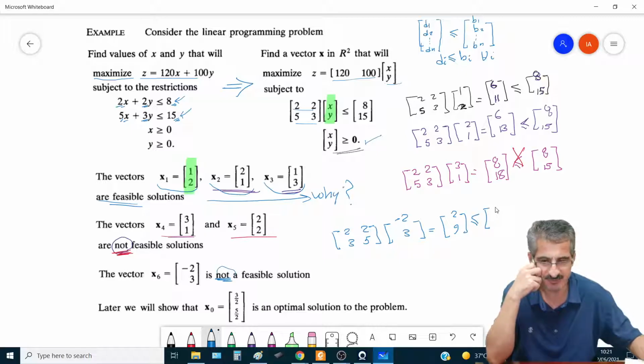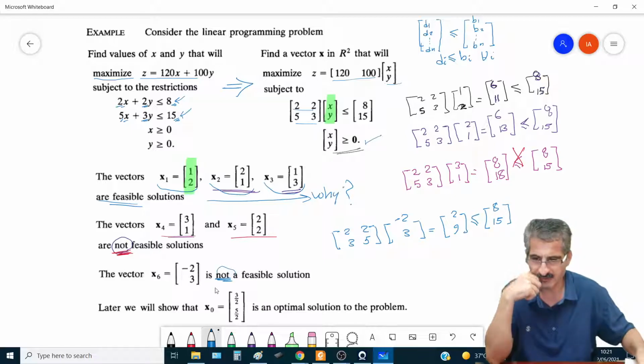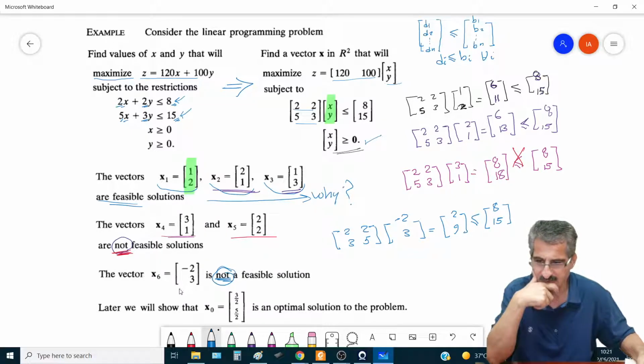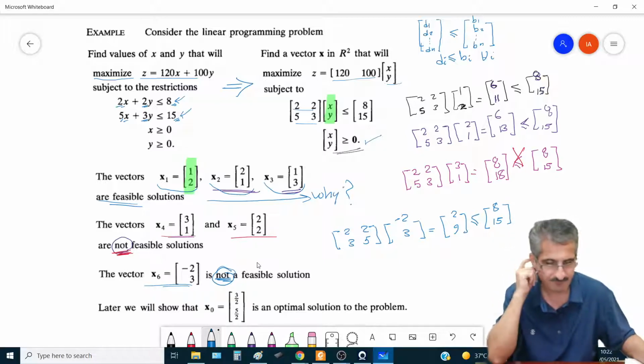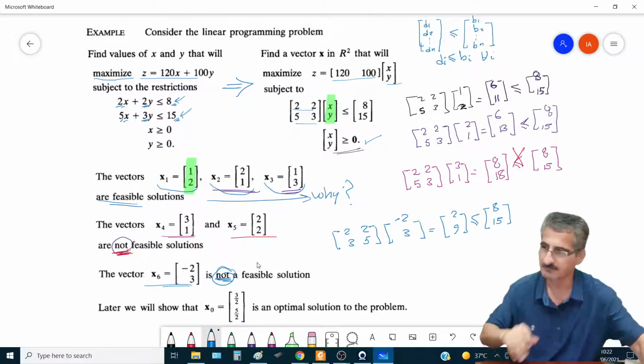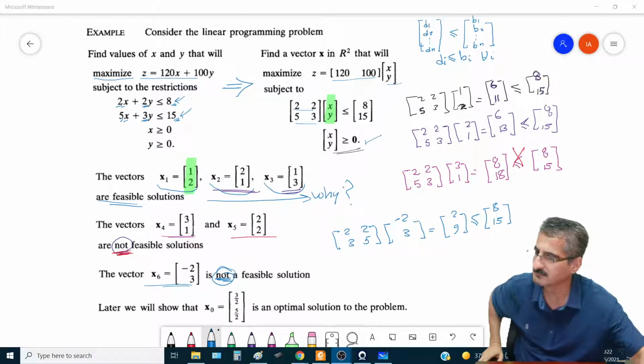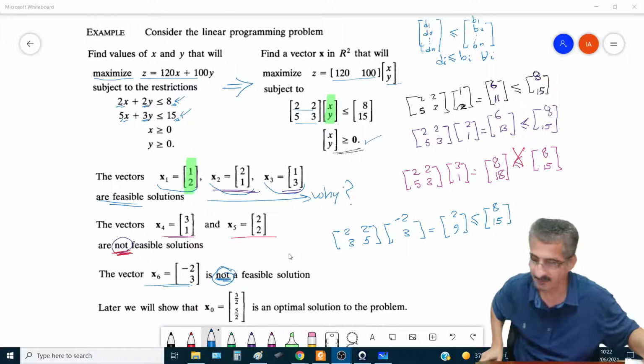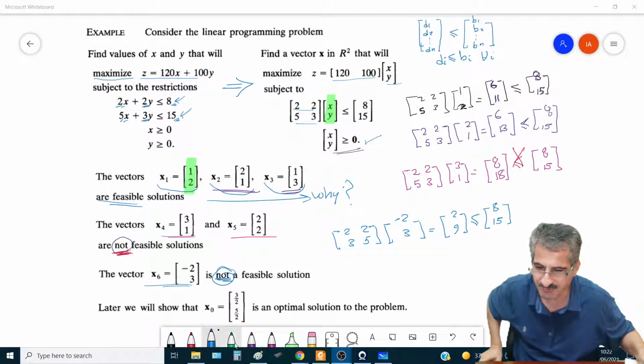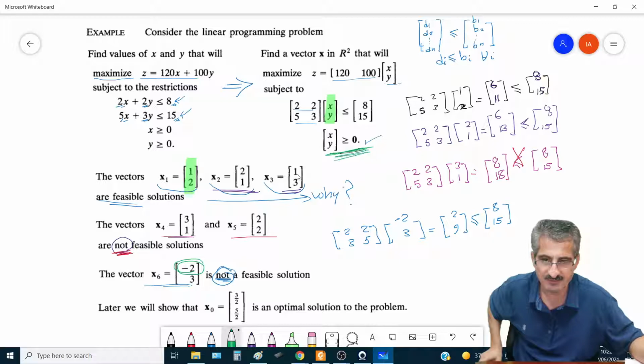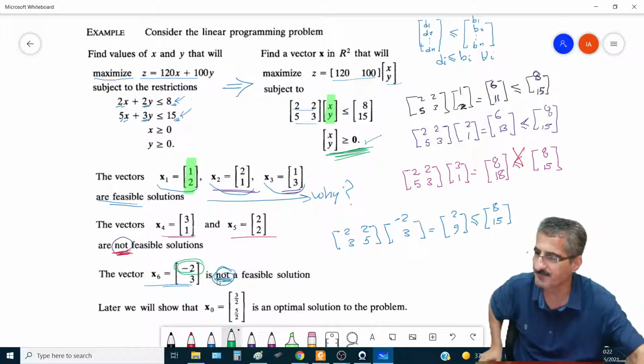So what is the problem? Somebody tell me, please. This is less than 8 and 15, but still it is not a feasible vector. Somebody say why. Because it's less than 0. Okay, good, thank you. Because one of its coefficients is negative. It did not satisfy this condition here. This is why it is not feasible. Good, thank you.